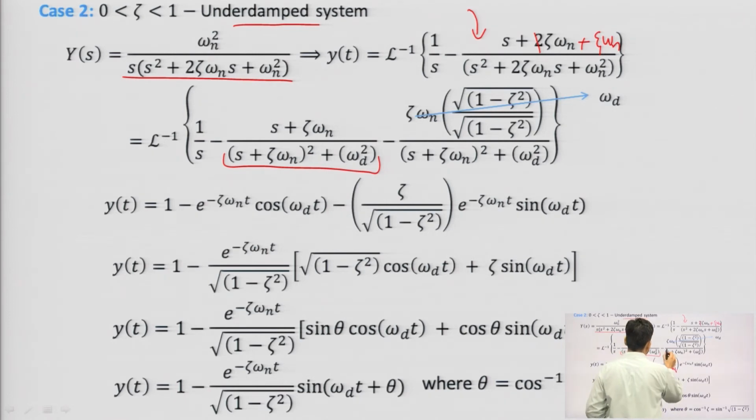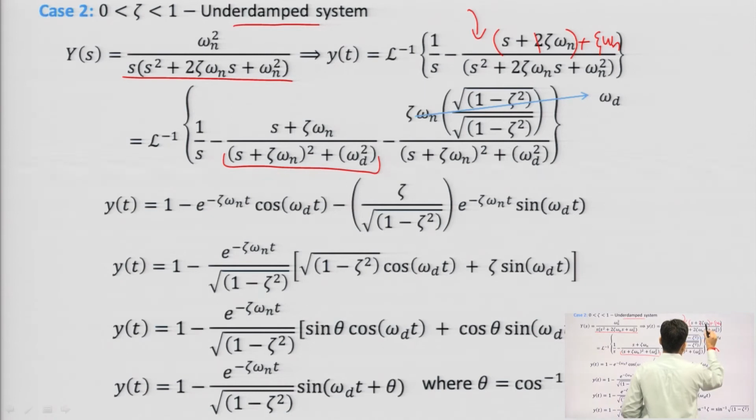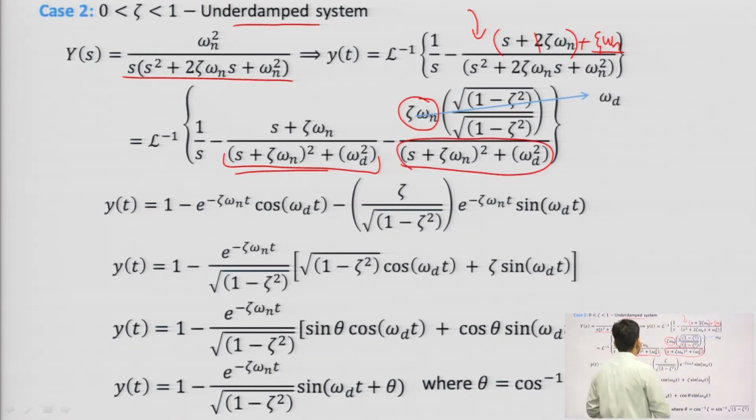So, I can separate out s plus zeta omega n in the numerator over this denominator, plus I will separate out zeta omega n divided by this term in the denominator. So, here I need to take the Laplace inverse of the whole thing, so that I can obtain my response in the time domain.